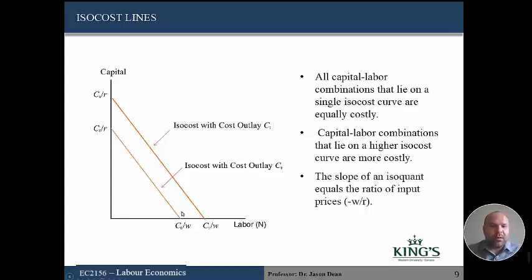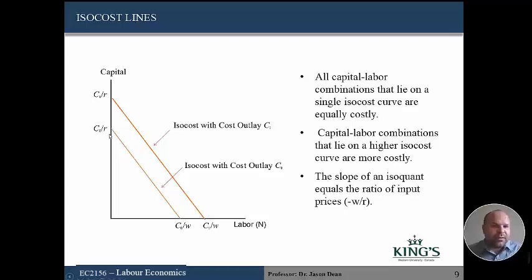Now the slope of an isocost line is equal to, in this case, because you have labor on the horizontal axis and capital on the vertical axis, negative W over R. So negative the ratio of the wage to the price of capital. Okay, and the intercepts are obtained by just taking the total cost and dividing it by the cost of what's measured on this axis.